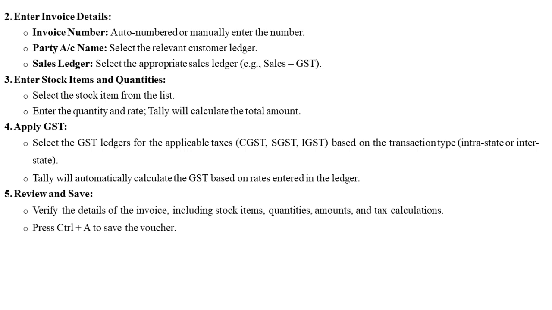Enter stock items and quantities. Select the stock item from the list. Enter the quantity and rate, and Tally will calculate the total amount. 4. Apply GST. Select the GST ledgers for the applicable taxes, CGST, SGST, IGST, based on the transaction type, intrastate or interstate. Tally will automatically calculate the GST based on the rates entered in the ledger.